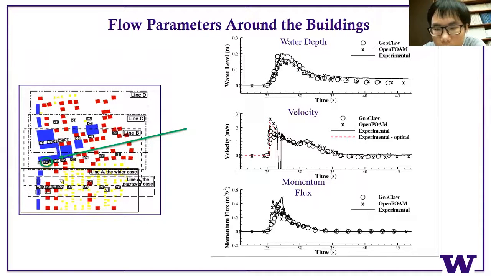And since the momentum flux is computed from water depth and velocity, it is also expected that the 3D model agrees better with the experimental data in terms of the peak value.